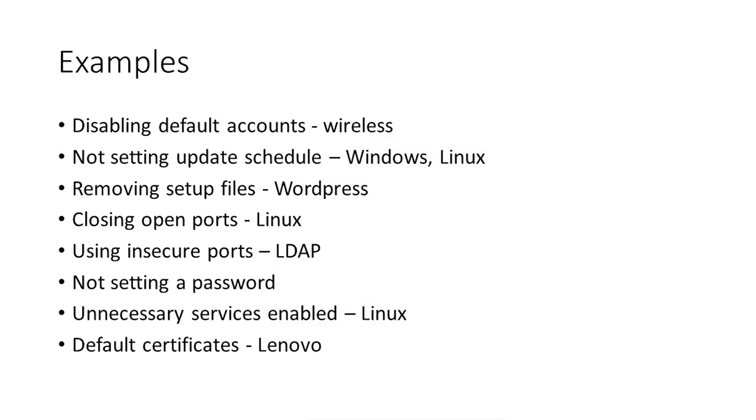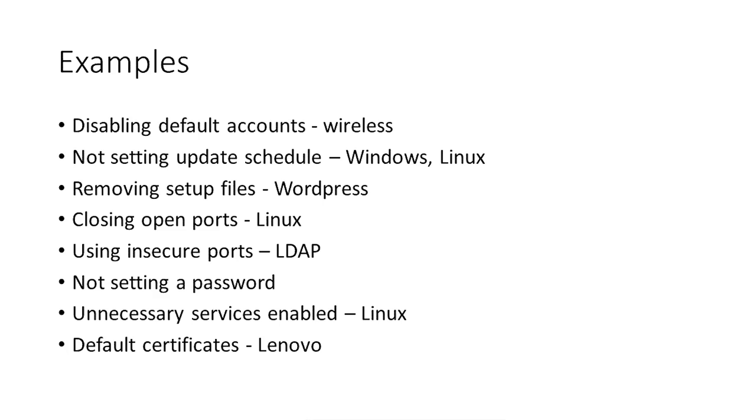Closing open ports. I've done this a whole lot of times in Linux and in Windows. We forget to lock down something. Using insecure ports like on LDAP or SSH, Telnet, we could be using ports that should be used securely and not insecurely.